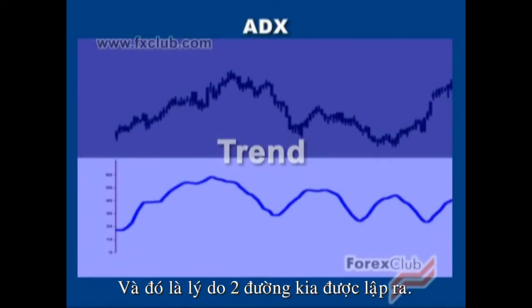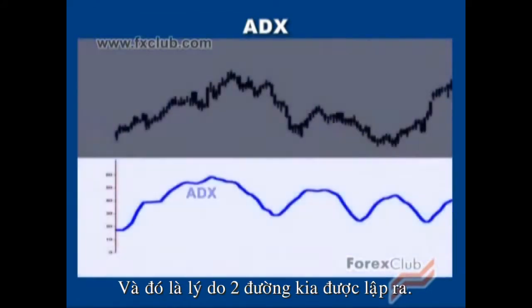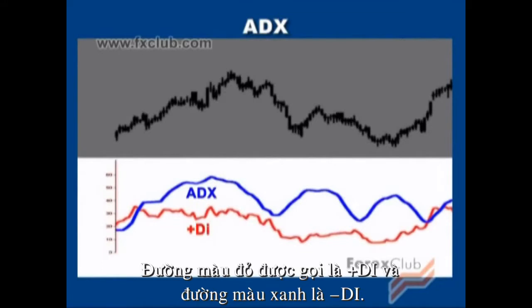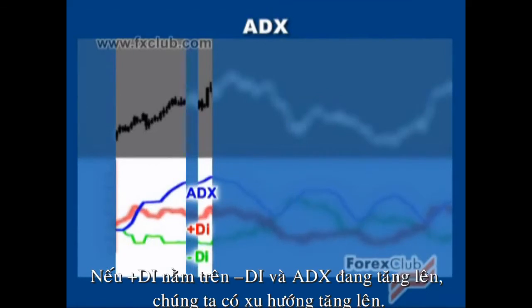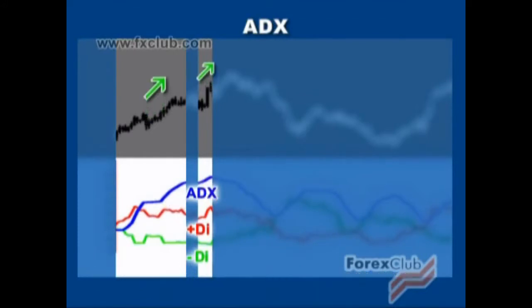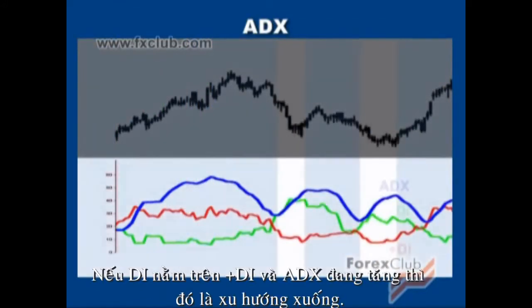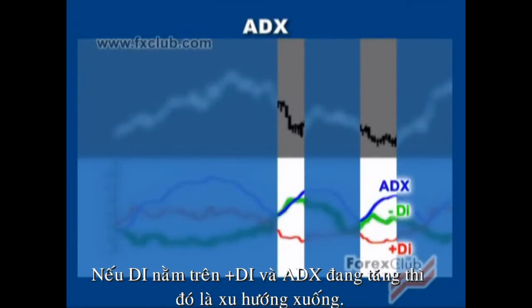And that's what the other 2 lines are for. The red line is called plus DI and the green one is minus DI. If plus DI is above minus DI and ADX is rising, then we've got ourselves an uptrend. If minus DI is above plus DI and ADX is rising, then the trend is down.